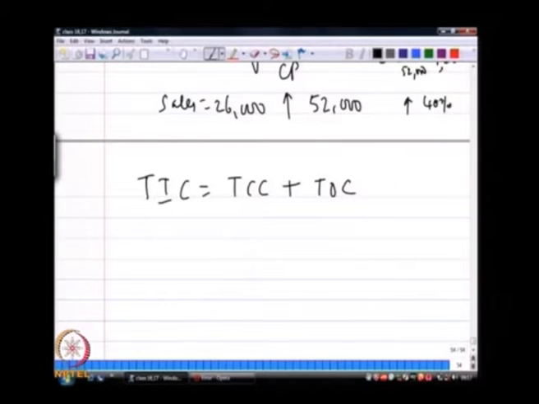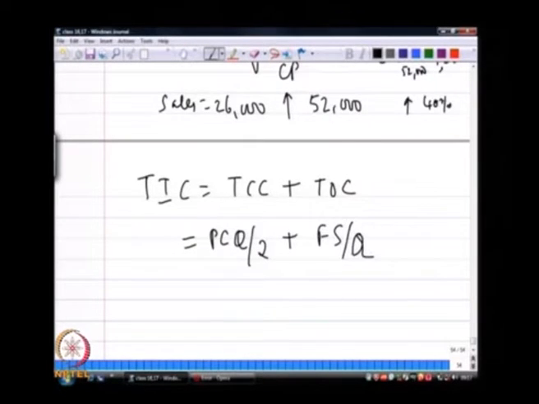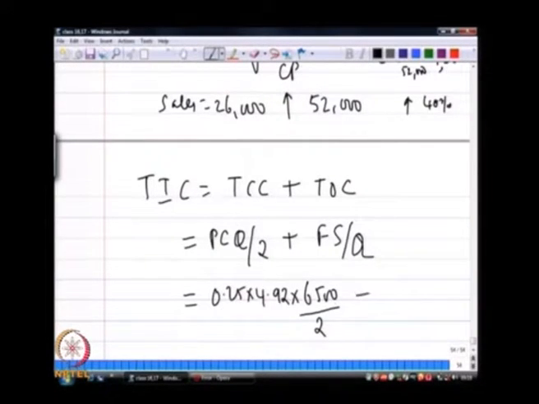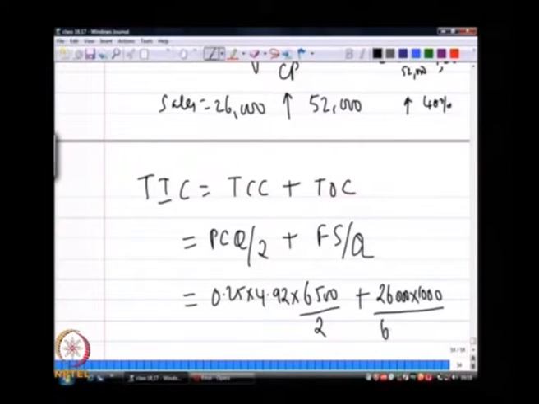And for the same example, we are expressing the total carrying cost and the total ordering cost based on the data that we have, and substituting the value at economic order quantity. So, Q is 6,500 plus 26,000 into 1000 divided by 6,500.